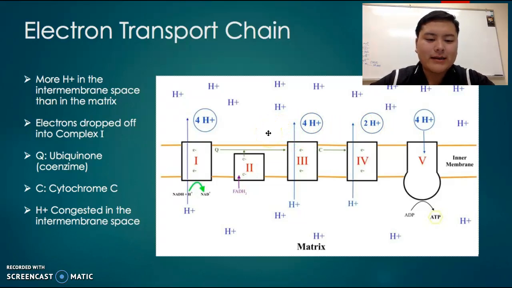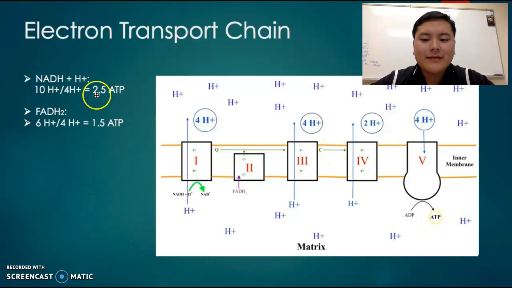Why is that important? Over here in complex 5, we have what's called an ATP synthase. And what that does is it allows hydrogen to come from the inner membrane space and go in here and produce ATP. It allows 4 hydrogens to come in, and that produces ATP.